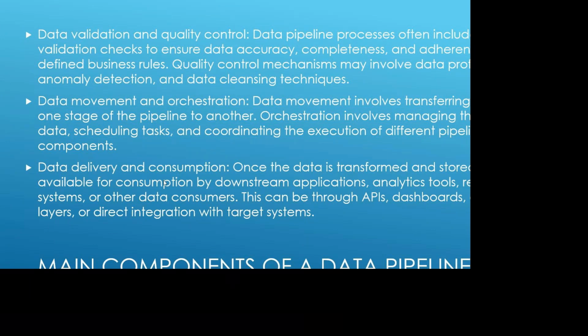And data delivery and consumption, this is another component in a data pipeline. Once the data is transferred and stored, it is made available for consumption by downstream applications, analytic tools, reporting systems, or other data consumers. This can be through APIs, dashboards, data access layers, or direct integration with target systems. But this is not your job.